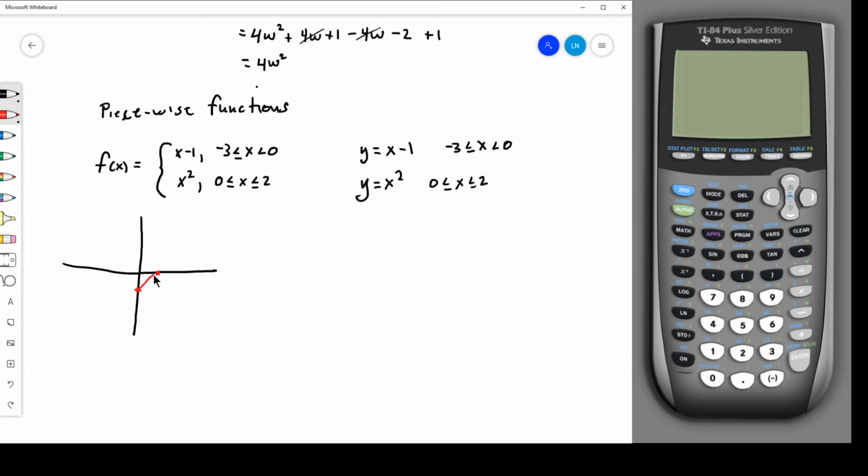So my line, if I were to draw the entire line, would look like this. My parabola, I'll make it blue, is just y equals x squared. I'm going to use 1, 1 as a point, and it is going to look like this.